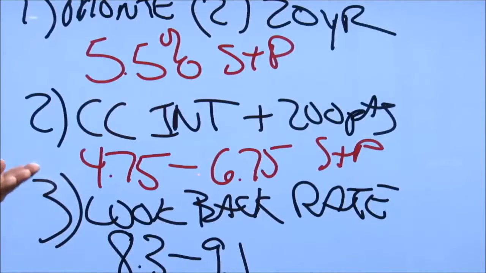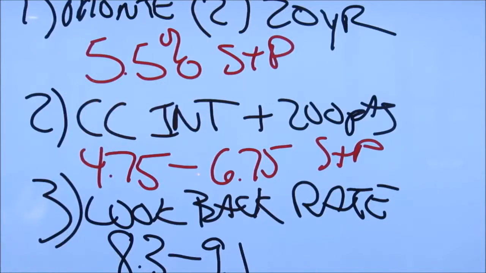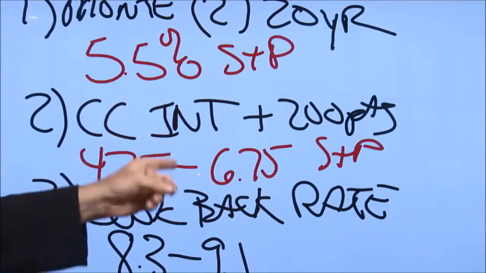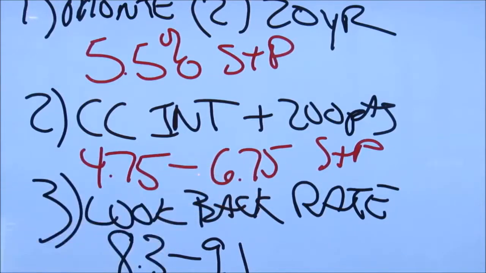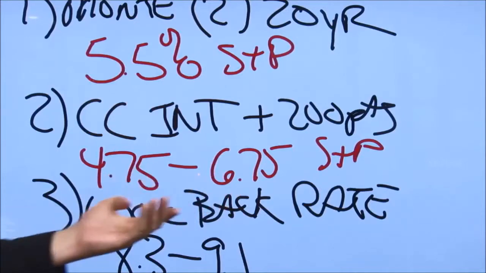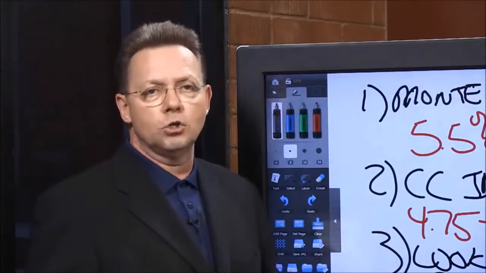So I'm always going to show the floor at 5.5. I'm going to show the mid rate at 4.75 plus 200 basis points, so it's going to be 6.75. And then I'll still go ahead and use the look back number of the carrier, the look back rate, because if I don't do it, I know my competitors will show it.